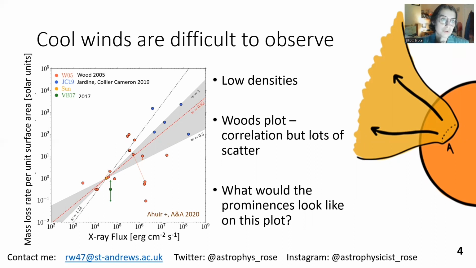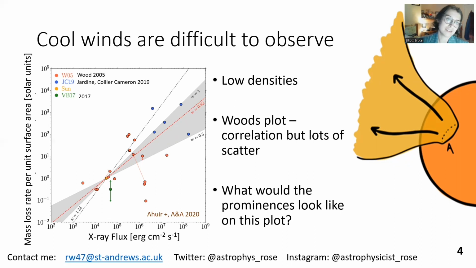The method that has produced the most points on this plot is the interaction of the wind with the interstellar medium. They're all the red points. And a third method was shown by Jardine and Collier Cameron, which involved calculating the mass loss rates of the observed prominences and using these to predict the wind values.